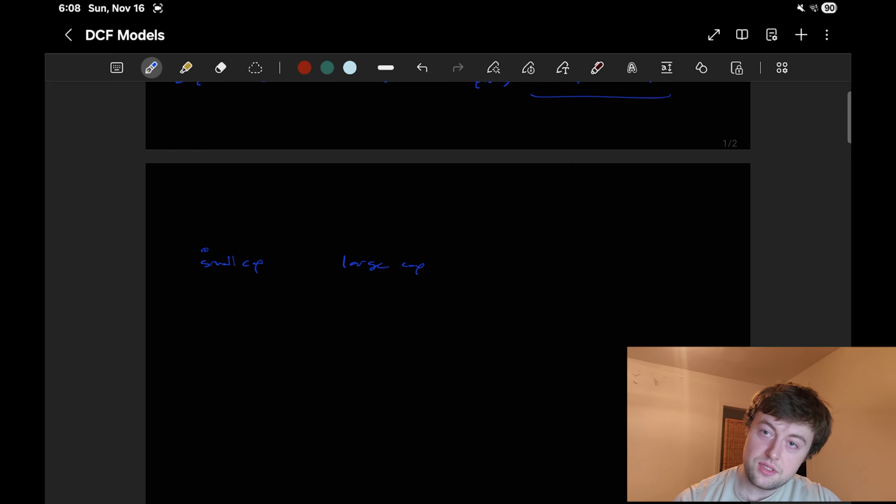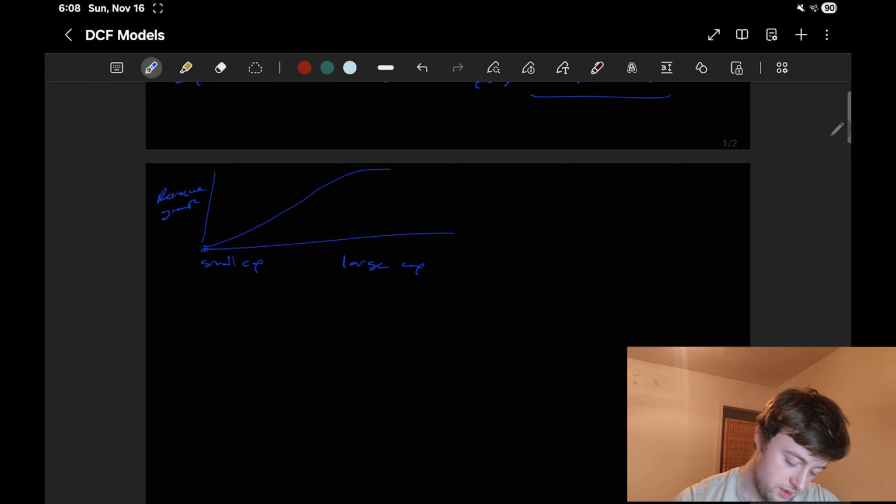And their revenue is going to grow a lot faster as a small cap than as a large cap. So, for example, revenue growth might look like this. Now, not that it necessarily will, but the idea is that as a company gets larger, it becomes harder and harder to capture more relative market share.